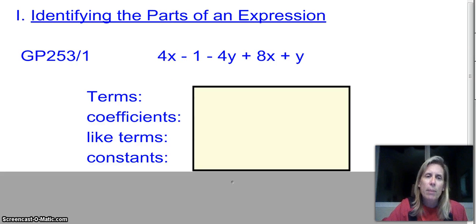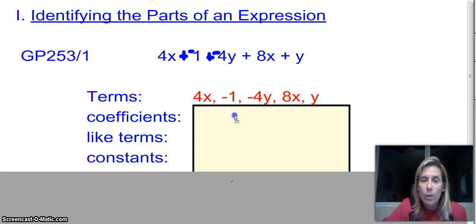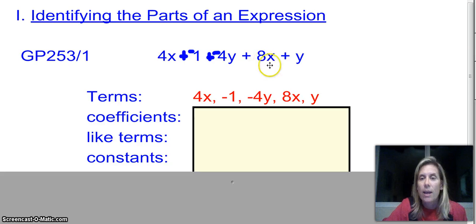So some people need to change all of these subtraction operations to adding the opposite, which we can show like this. Okay, and some people can actually identify the -1 without going through that process. So when naming the terms, hopefully you started with 4x, -1, -4y, 8x, and y.